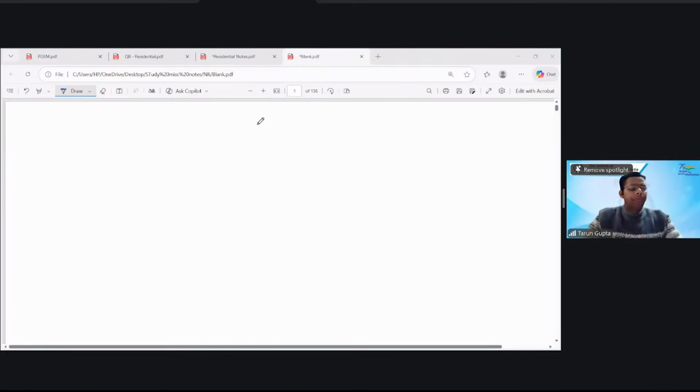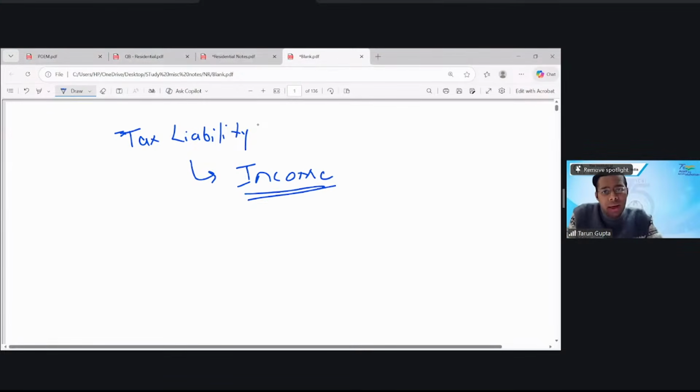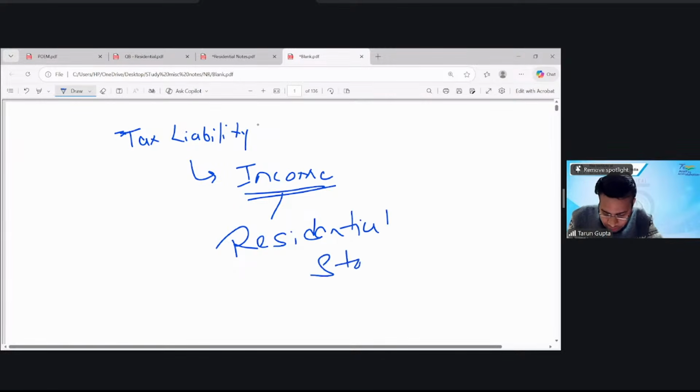I'll tell you. See, the ultimate aim is to compute the tax liability. What tax liability? I must know the income. And to determine the taxable income of the assessee, there comes the concept of residential status, because depending upon the residential status, the taxable income of the assessee varies.